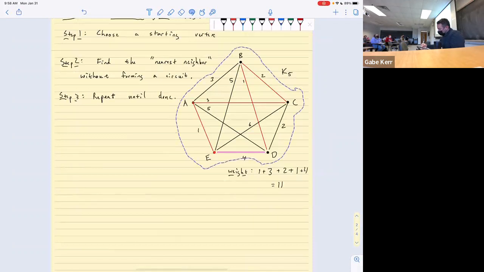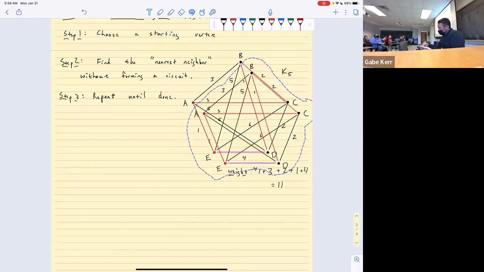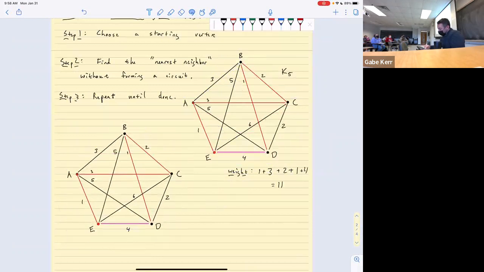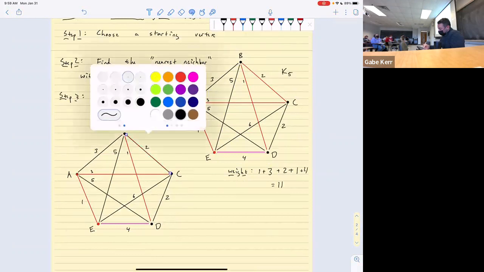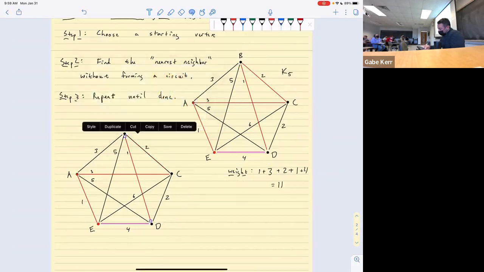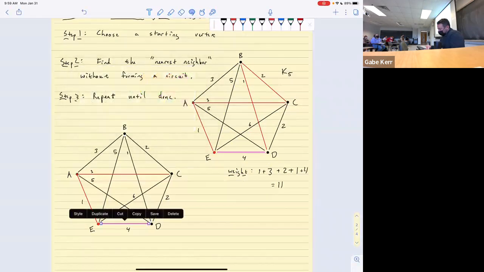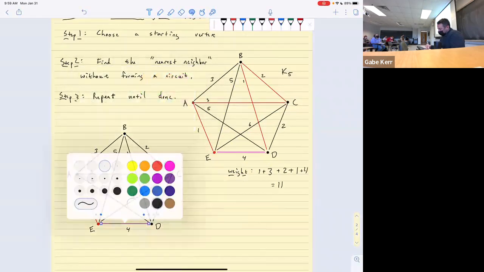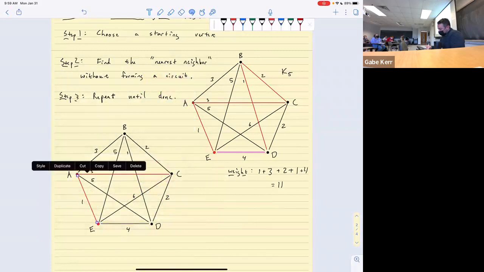So let's see what happens if I chose a different starting vertex. So I'm going to undo my path here. So let's choose A as our starting vertex.